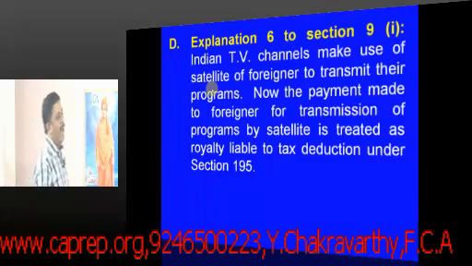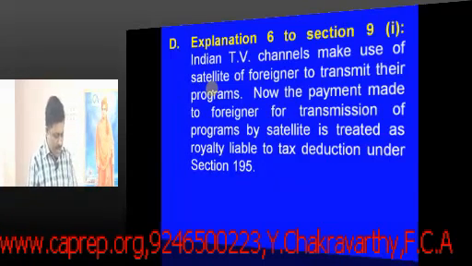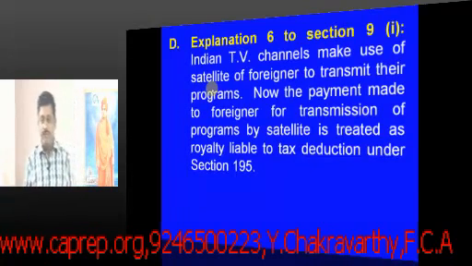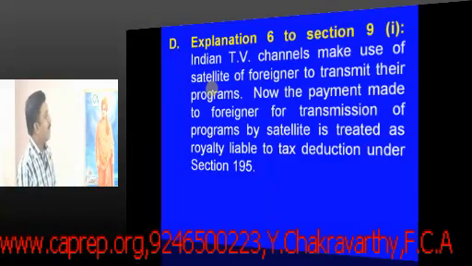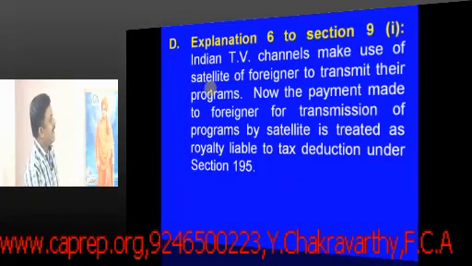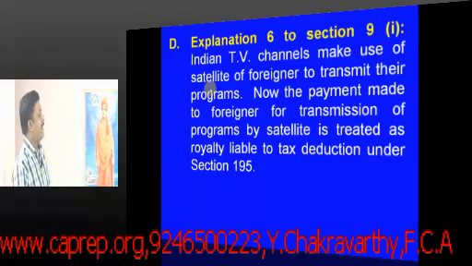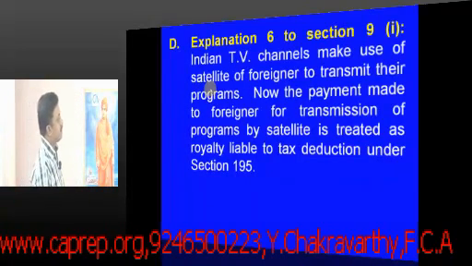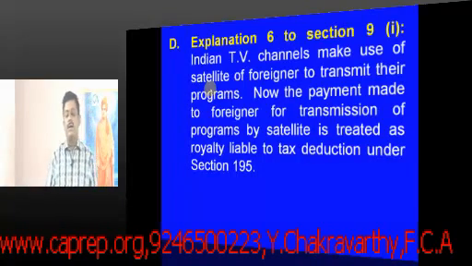Explanation 6 to section 9(1): if Indian TV channels make use of the satellite of the foreigner to transmit their programs, then even such payment shall also be treated as royalty and shall be liable for TDS.